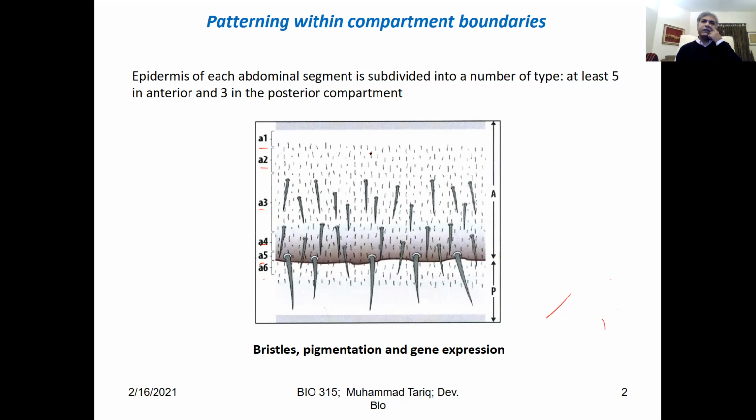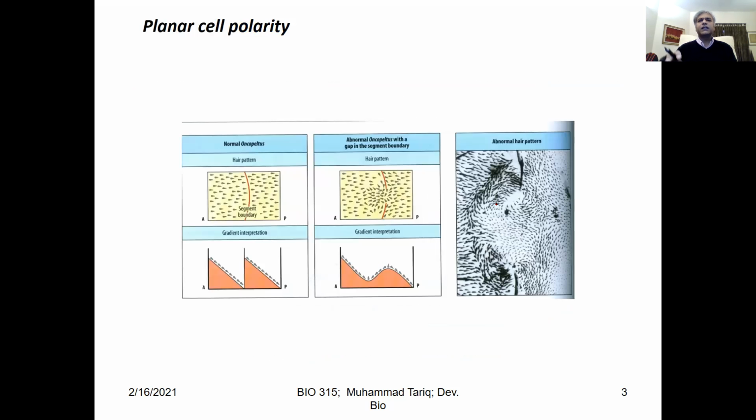There are at least 5 sub-compartments, or 5 regions, within the anterior compartment and 3 within the posterior compartment. The patterns of bristles, pigmentation, etc. are linked to the specific gene expression pattern in each segment, and all this is established early on, which is then maintained during later development.